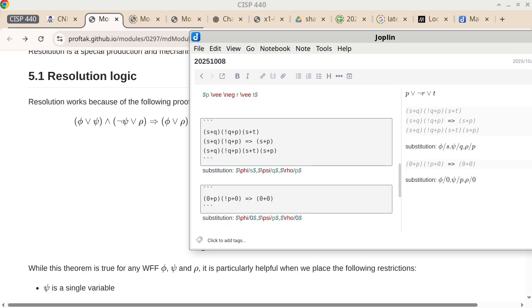In this case, the connector is P and not P, so we take that out, and everything else just gets concatenated. So we have the false and false concatenated together. Does it make sense? We just applied resolution again.